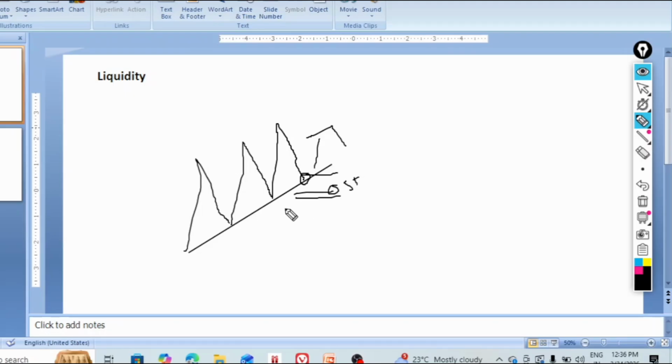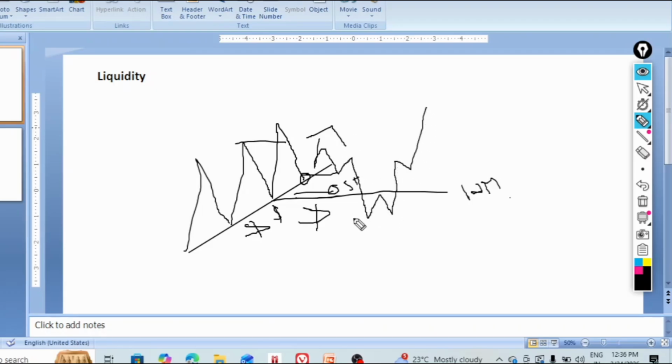So what will the market do? So this is the higher high. This is the inducement level. So there will be liquidity at this area. There will be liquidity here. So what the market will do is that the market will come down to this inducement area to grab the liquidity, and then the market will move.